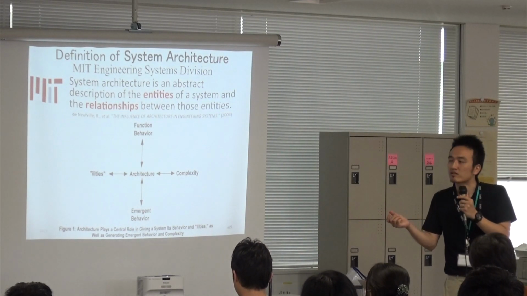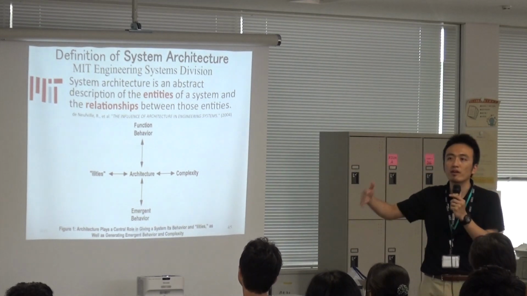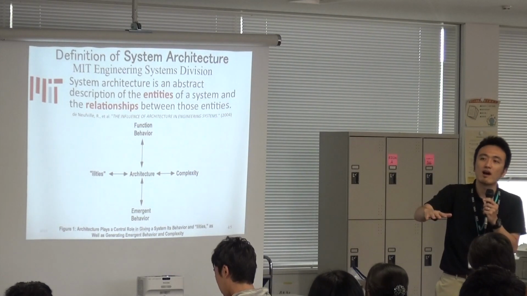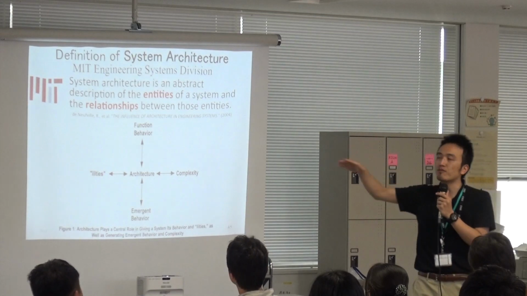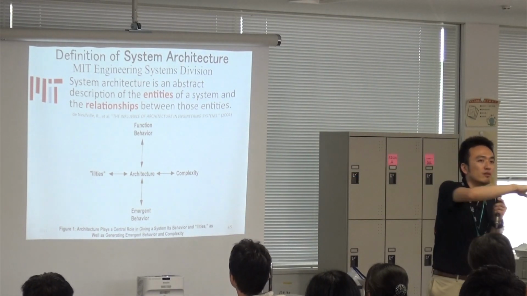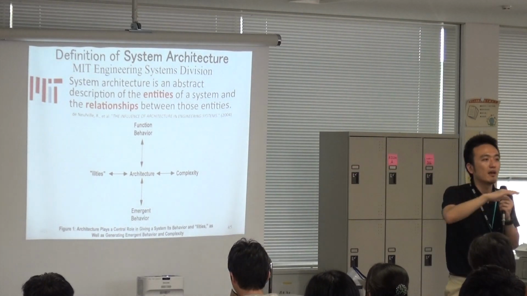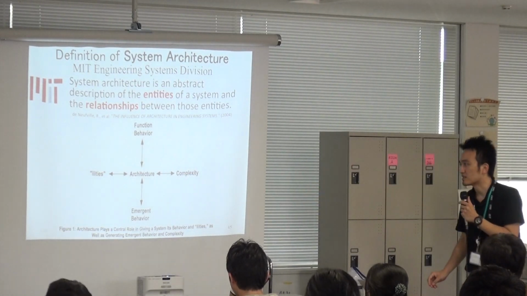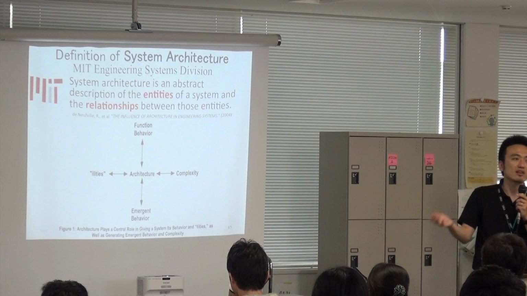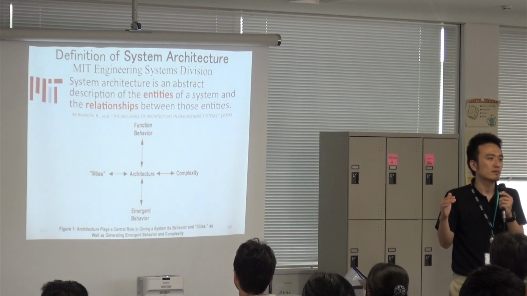Because of this architecture, because of these four rolling things on the ground and the platform on top of it, we gain the functional behavior of moving forward and backward easily, but at the same time, we happen to have this emergent behavior of killing people, hitting people.